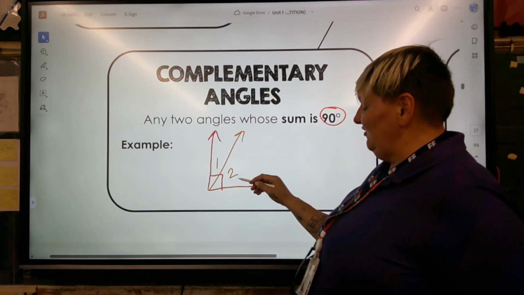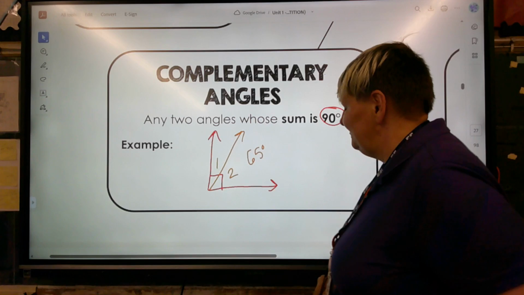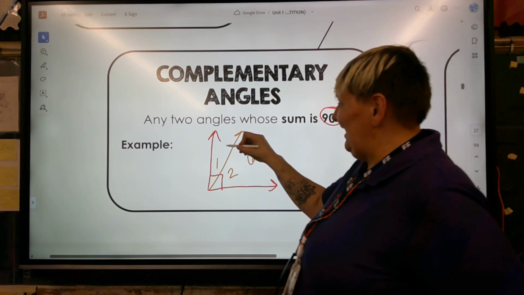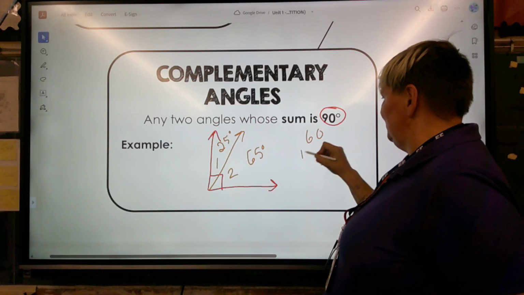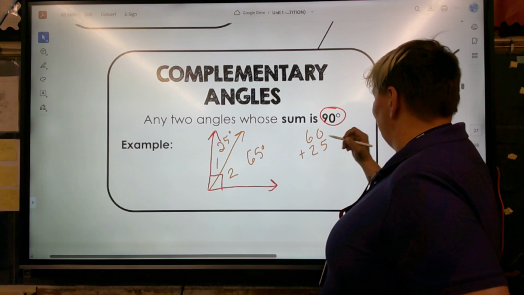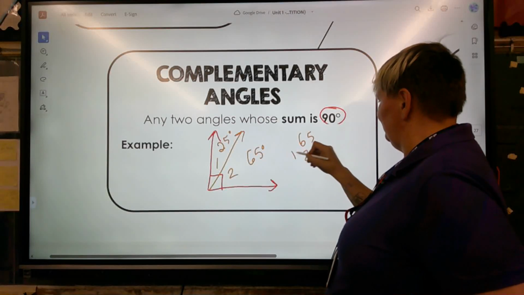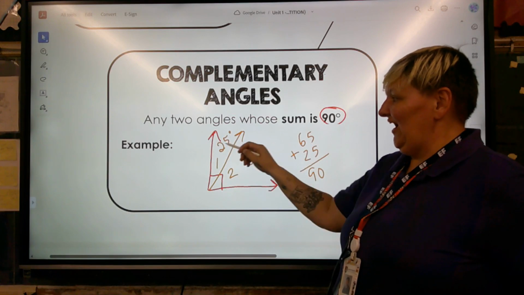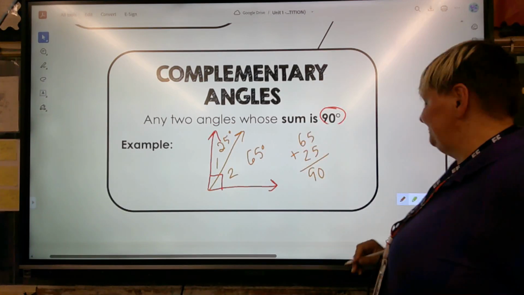So if angle 2 is 65 degrees, then angle 1 has to be 25 degrees, because 65 plus 25 is 90. So if they add together to give you a right angle, then they're complementary angles.